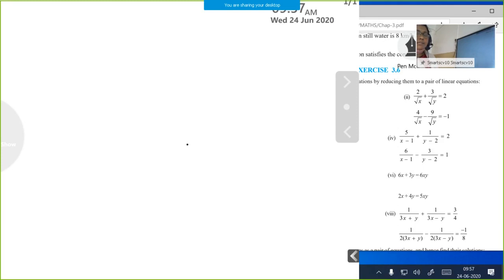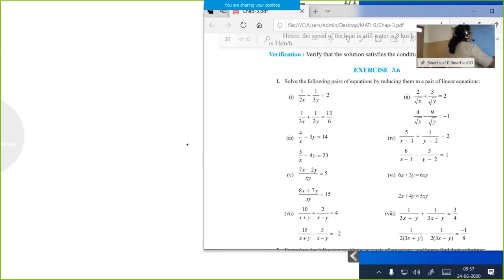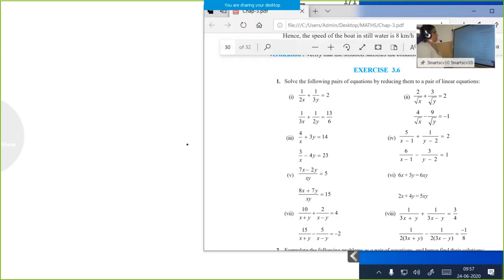Today we start our section on pairs of linear equations in two variables, exercise 3.6. Solve the following pairs of linear equations by reducing them to a pair of linear equations.